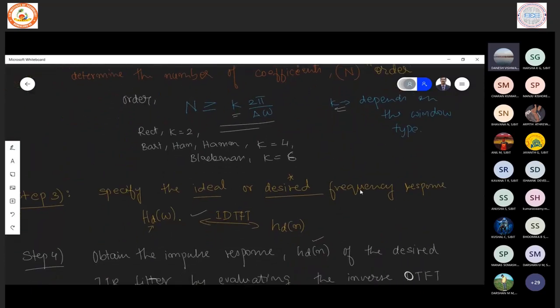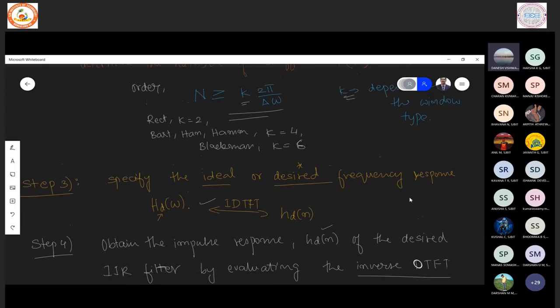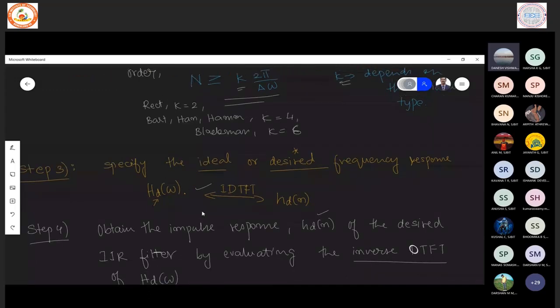Step number 3, we specify the ideal or desired frequency response. Now, what do you mean by desired? We know for a low pass filter how it is. So HD of n is desired. If you take the DTFT of HD of n, you get HD of omega.